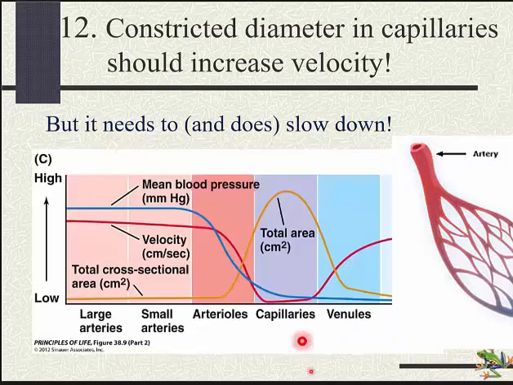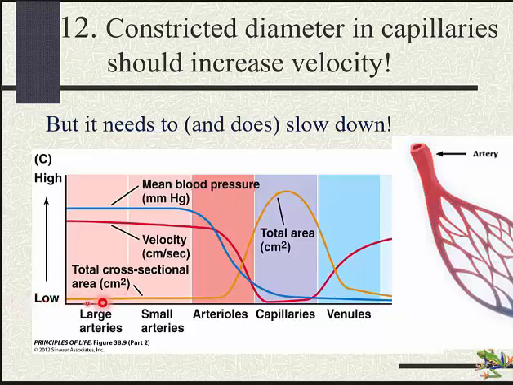If you look at this figure here, you see that we are going from low to high overall area. And here we then compare the total cross-sectional area. You see that in the large arteries, the total cross-sectional area is actually not so big.